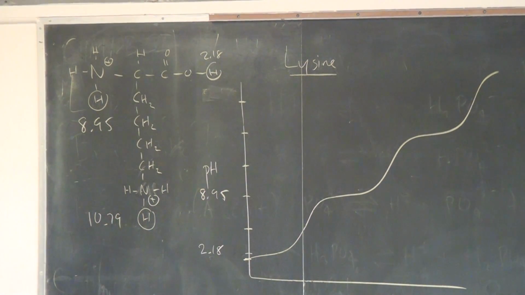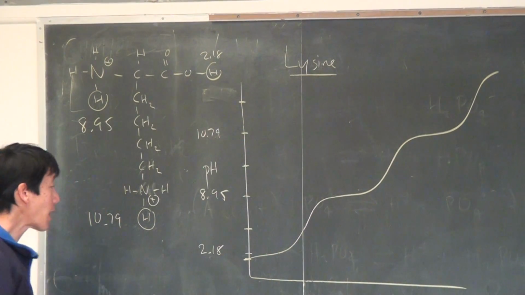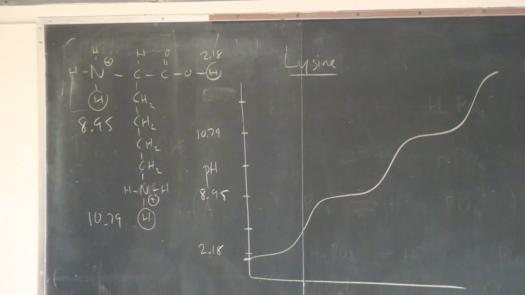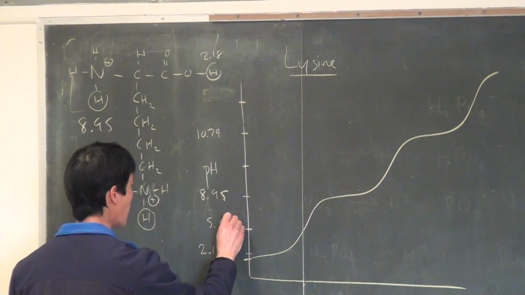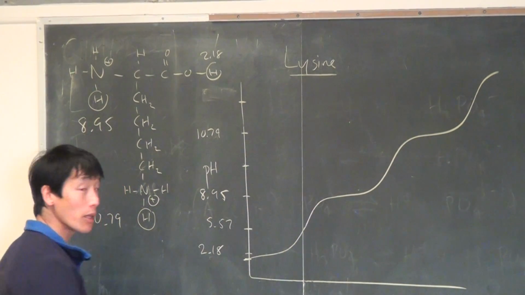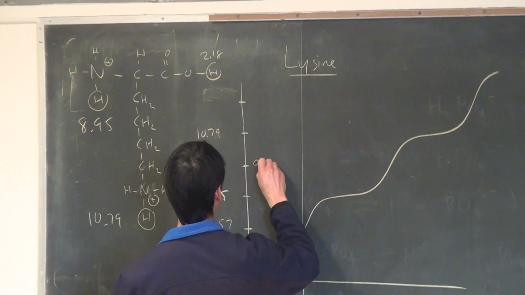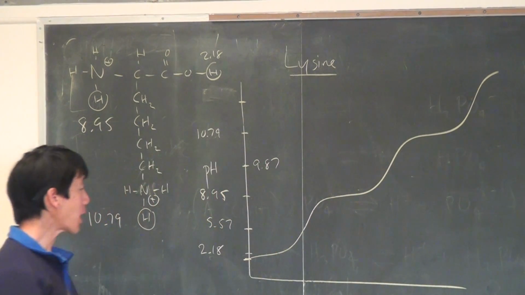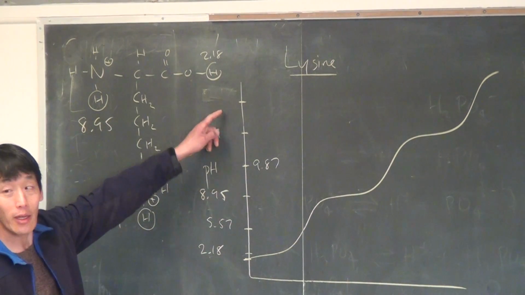And at the third halfway point, it should be at 10.79. And at the first end point, it should be 5.57. And at the second end point, it should be, what was it, 9.87. So now we've got to calculate at the initial starting point and at the third end point.